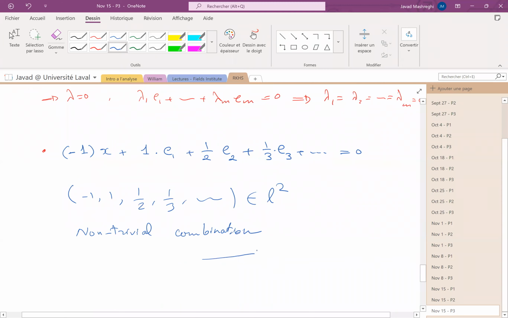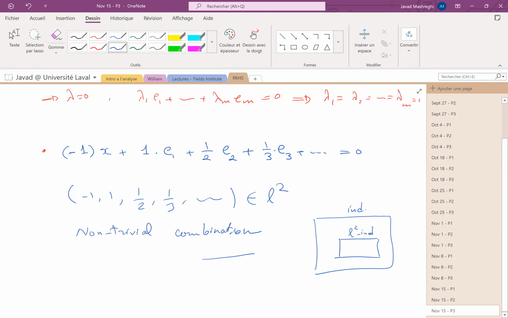I mean, you can imagine something naive, but you can imagine like this. This is independent, the set of all independent vectors. L2 independent is smaller. There is another notion which is used in some books, for example, in books in wavelet theory, omega independent.